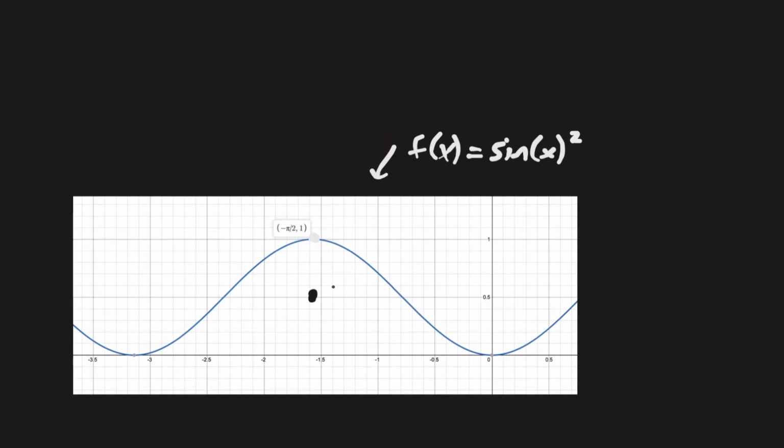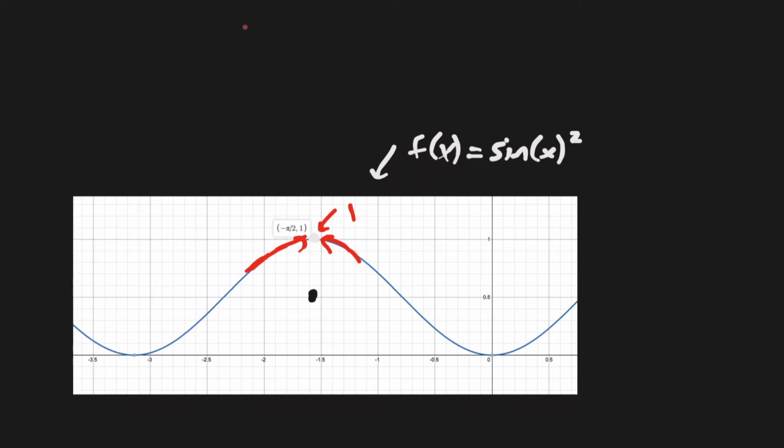So now what would the limit be? Well, you probably can guess that the limit is still going to stay the same. As I look at the x values as they approach negative pi over 2 from the left, and as they approach negative pi over 2 from the right, they are still approaching 1. They're still getting closer to 1. Even though the function does not exist at that point, we still have the limit of 1. So that's also something important.